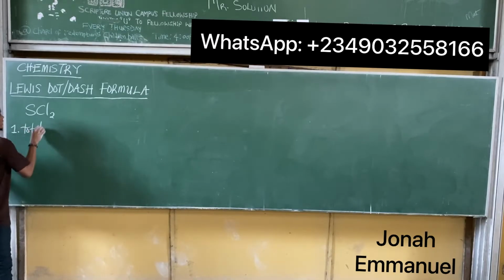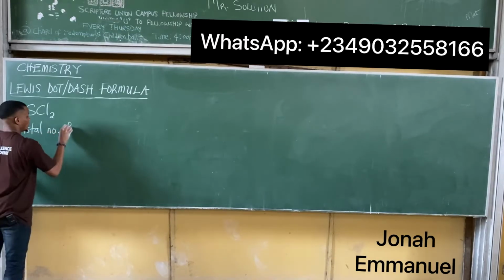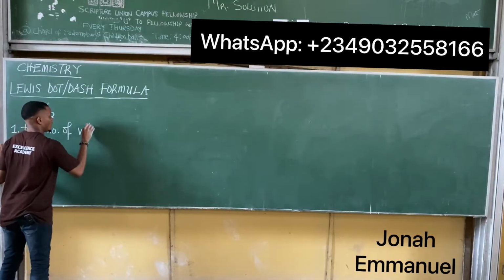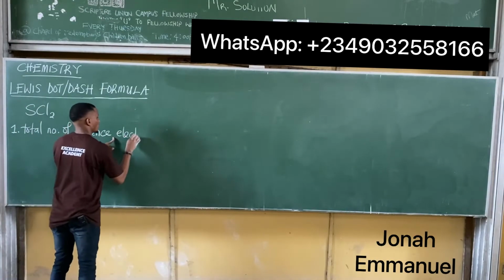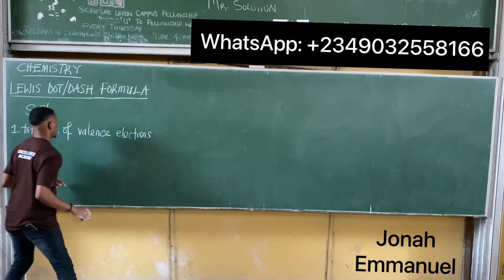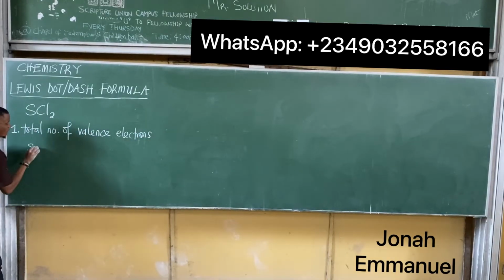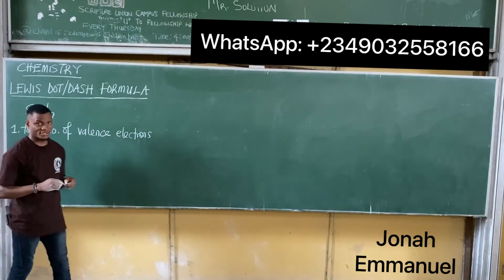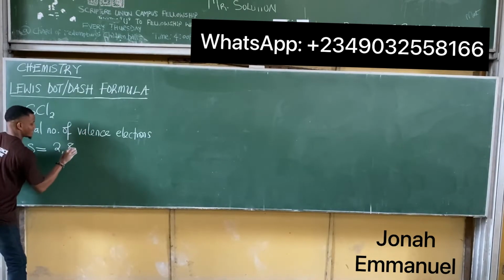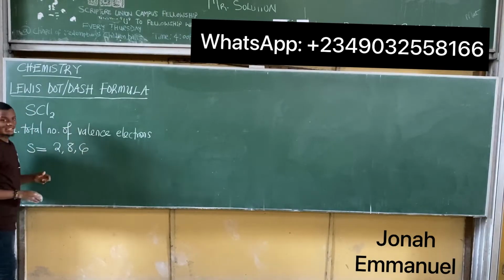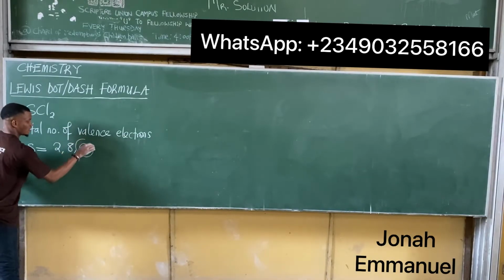For the valence electrons, sulfur is atomic number 16, so the configuration becomes 2, 8, 6. So the valence electron count is 6.